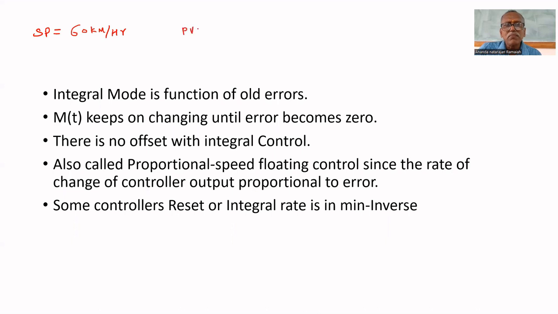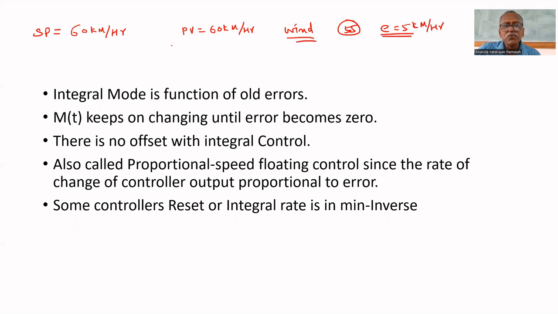Initially the PV is also 60 kilometers per hour. But because of wind, it reduces to 55. Therefore, the error is 5 kilometers per hour. You are giving additional input to compensate this error.